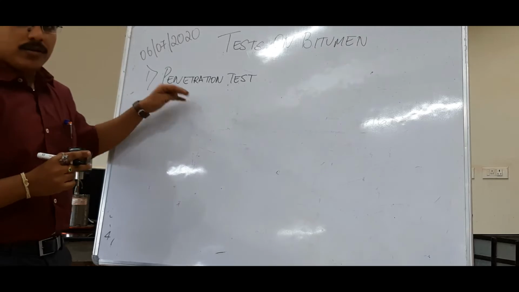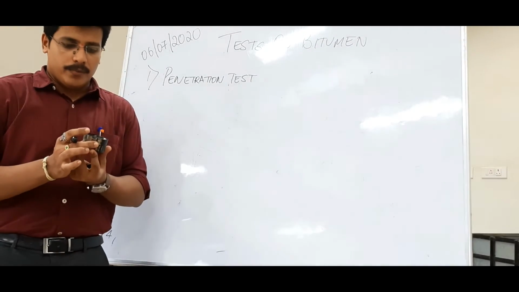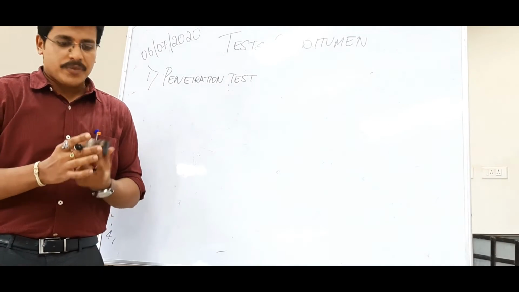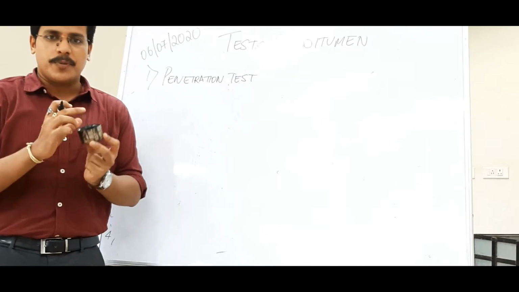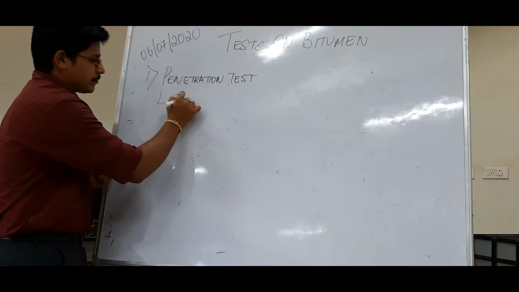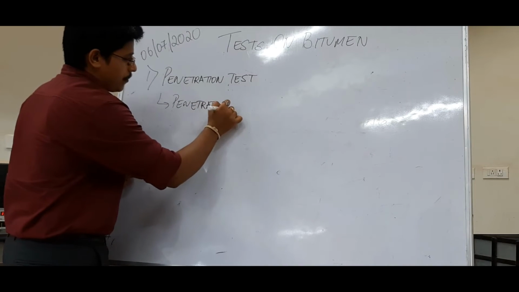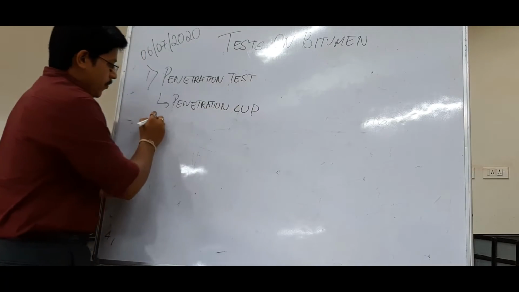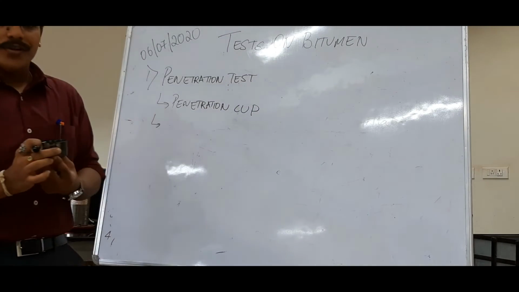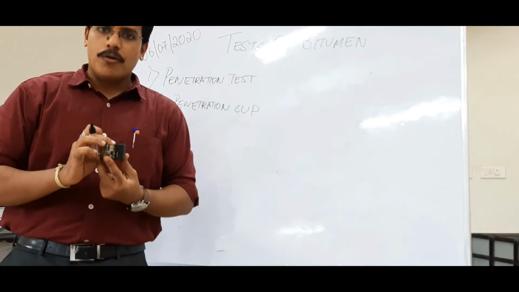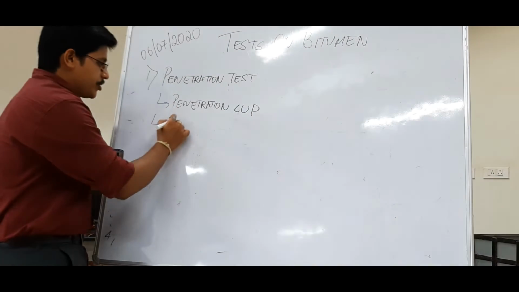For the value of penetration, we take a bitumen material whose grade is to be known. Then we pour this bitumen into a cup called the penetration cup. Once we fill this hot bitumen, we allow it for conditioning. Why do we allow for conditioning?